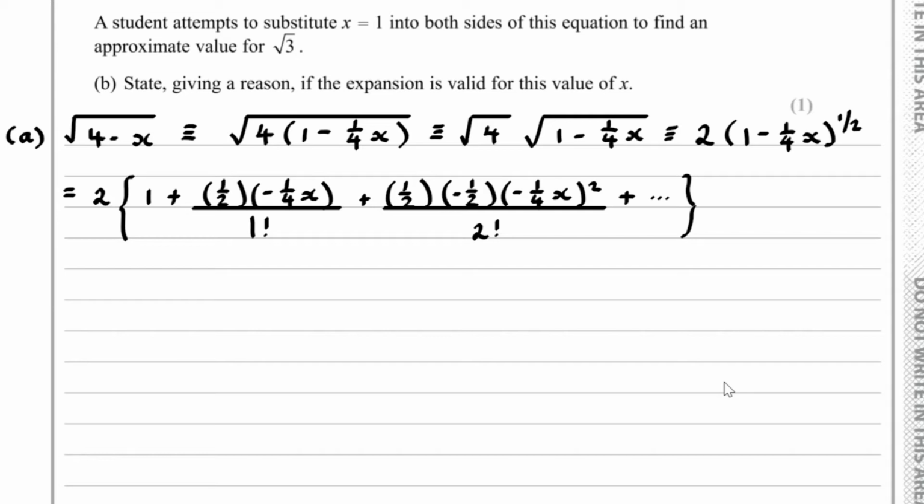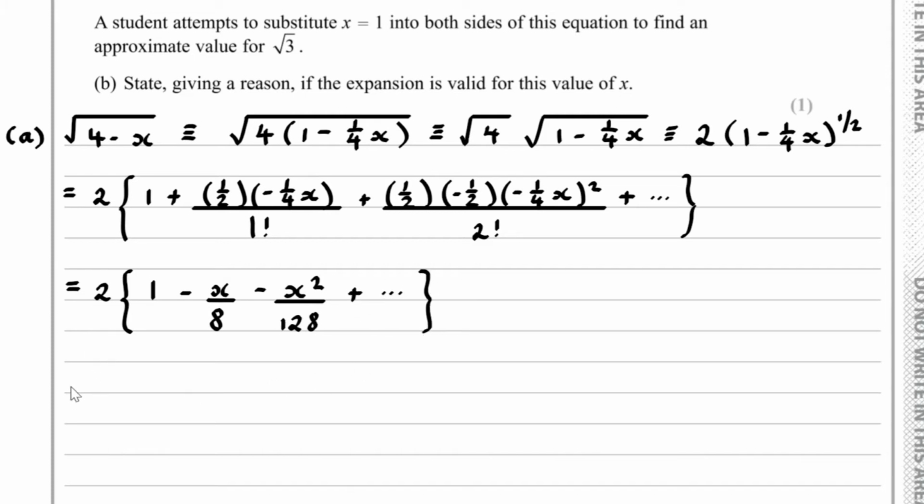And so if we tidy this up even further, we've got 2 lots of 1 minus x over 8 minus x squared over 128 plus higher order terms.